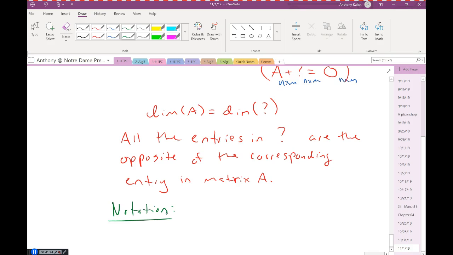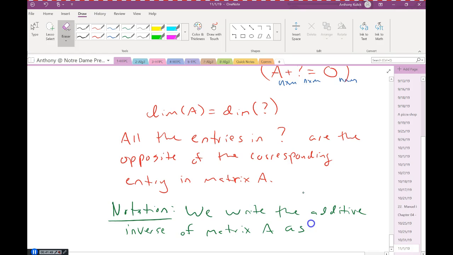Guess what symbol we're going to use to represent these additive inverses? How would I write the additive inverse of matrix A? Yeah, we'll write it as negative A.